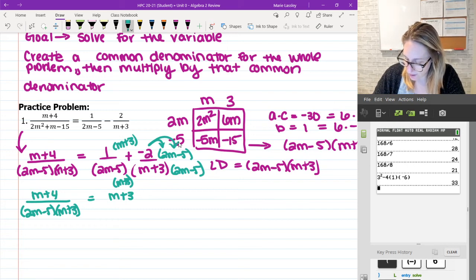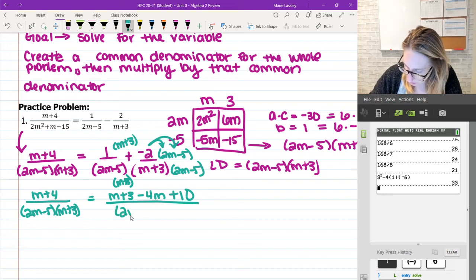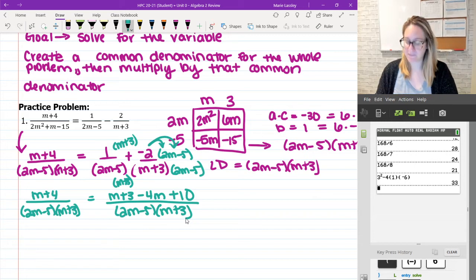So I have negative 2, so that's going to be negative 4m, and then negative 2 times negative 5, which is going to give me positive 10. All right, all over. And now I have a common denominator, so I can put it all over the same denominator, which is 2m minus 5 times m plus 3.